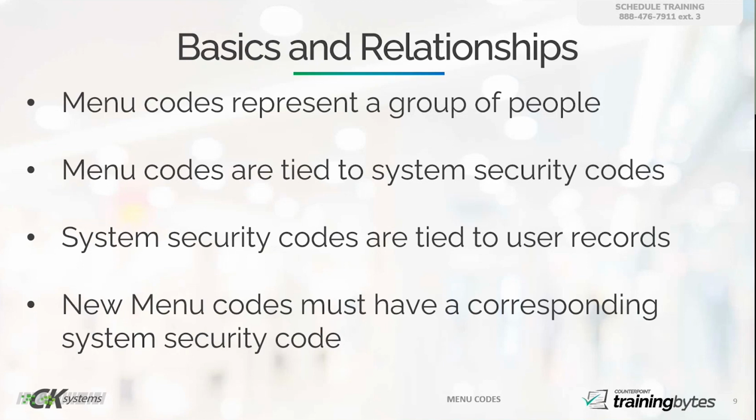System security codes are tied to individual user records. If you need to make a new menu code, you must have a corresponding system security code to attach to the user. And if that group of people is going to work in point of sale, not only will you need a system security code, you will need a point of sale security code as well. And we'll take a look at all of that in the software.